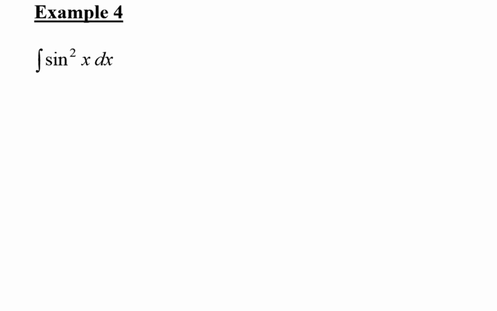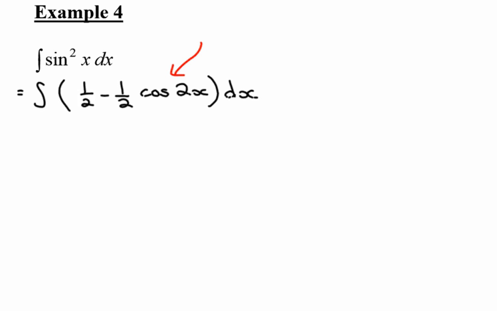Right, so I'm going to rewrite sine squared of my angle, and I'm integrating a half minus a half cos of 2 times my angle with respect to x, because of this identity that says sine squared of an angle is equal to a half minus a half cos of 2 times that angle.